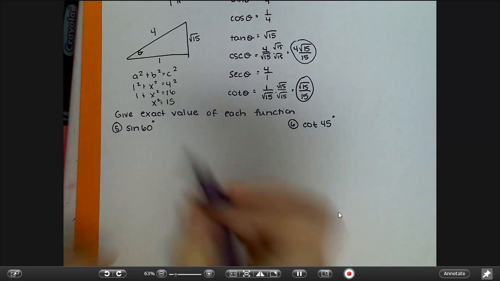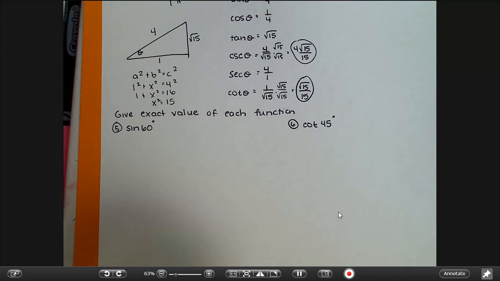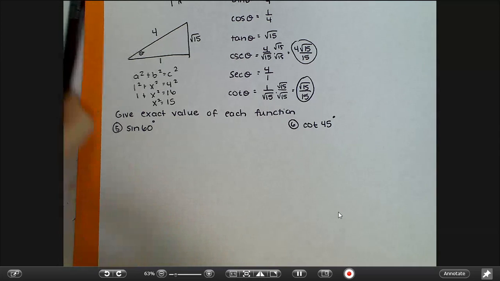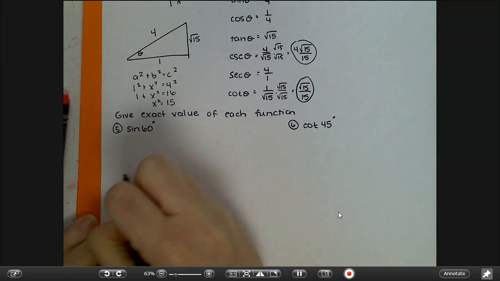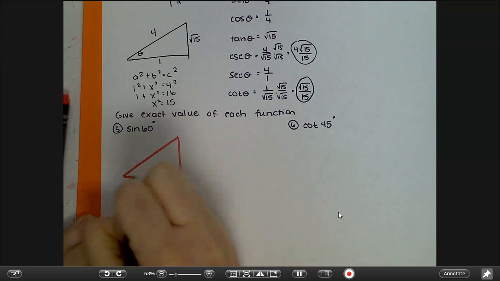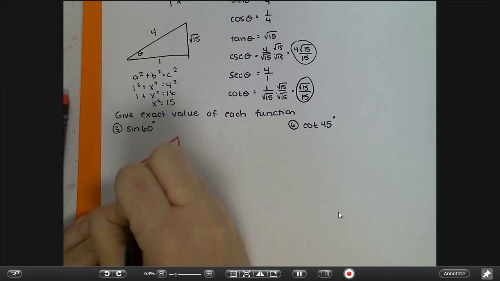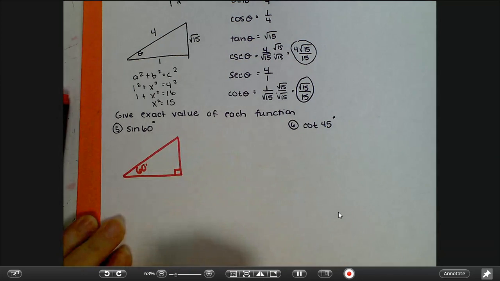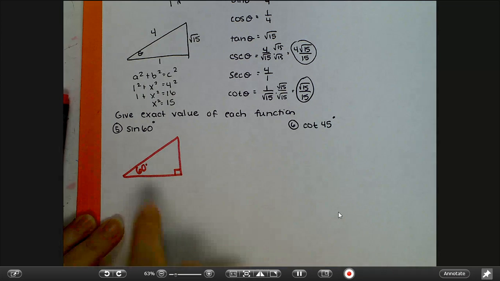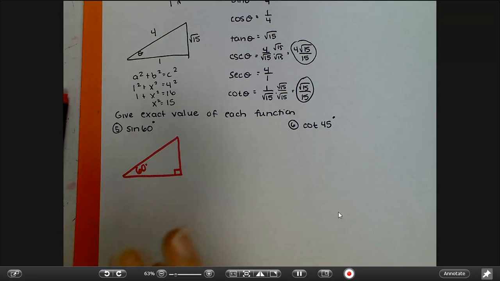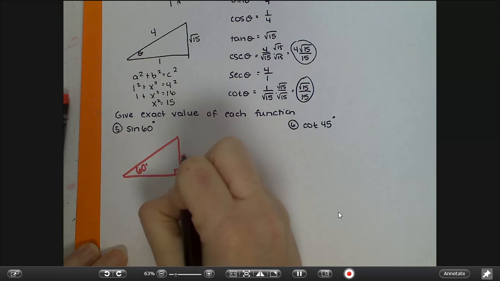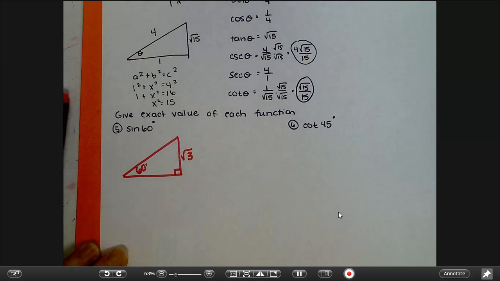So this is a special right triangle. When you see that 60, you should be like, oh, yes, that's a special right triangle. And you should be able to draw that guy. So when you see that at this point, you should be able to draw a right triangle and put your 60, and we want the sine of 60. Well, in a special right triangle, 30, 60, 90, the side across from the 60 is the square root of 3, right?